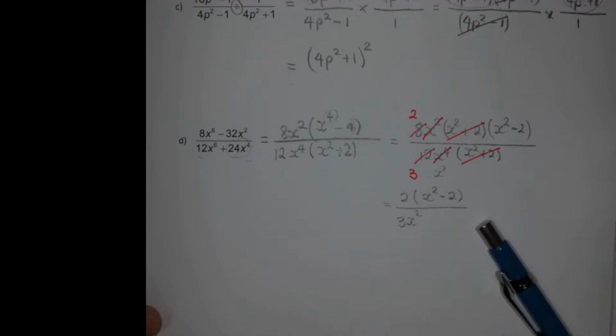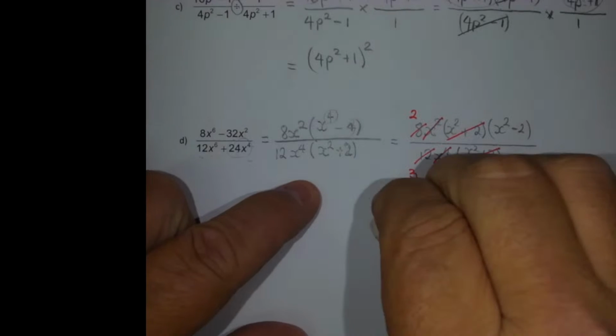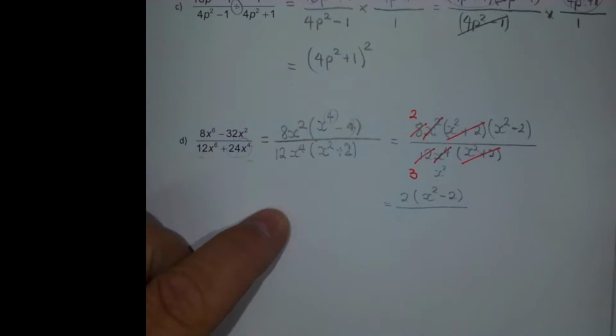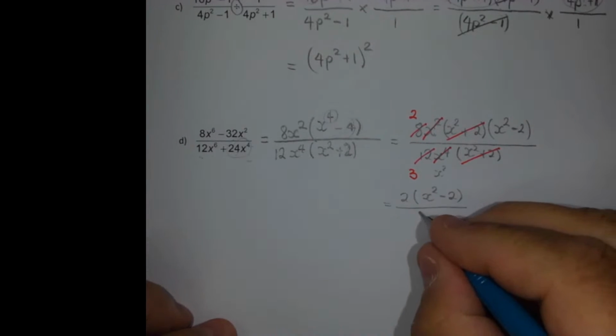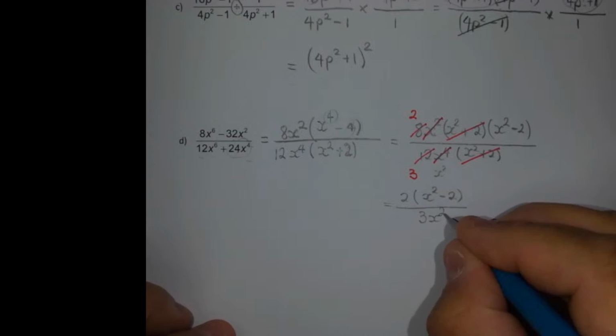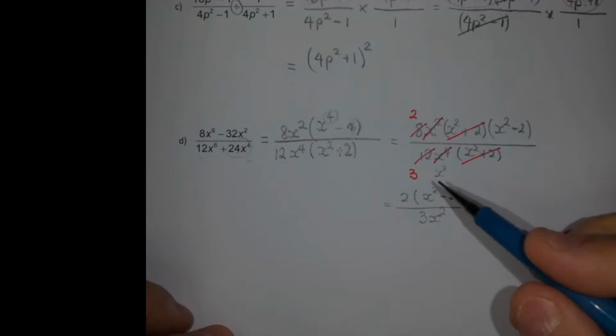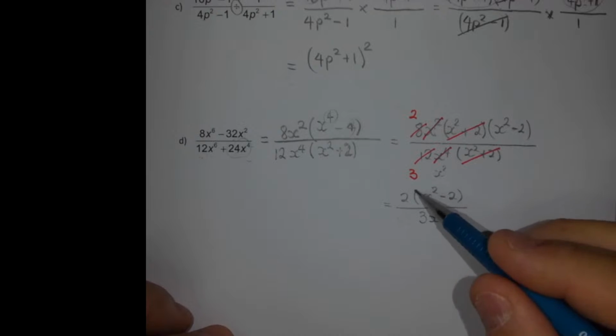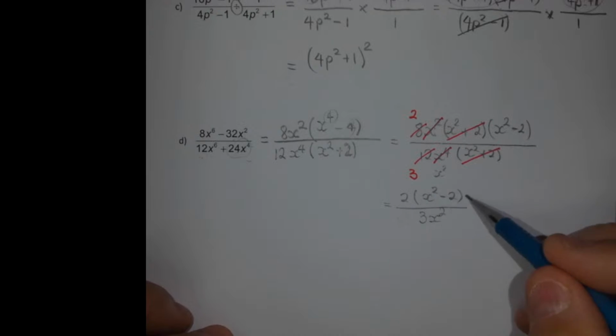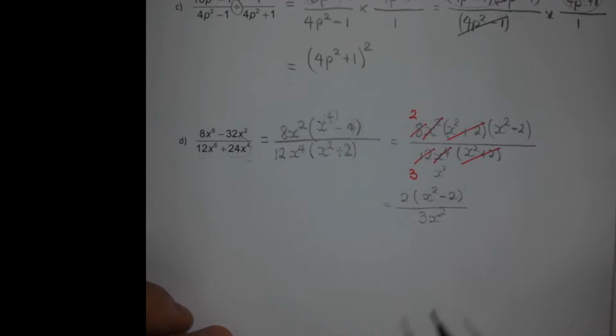So I should have actually written this a little bit more in the middle to make it look prettier. So that would be 3x squared, and I double check that there's nothing. Now you cannot simplify those two. Remember that this number 2 is inside the bracket, so you could only simplify the whole term, not part of it. Okay, all right, so there's an example of simplifying fractions.